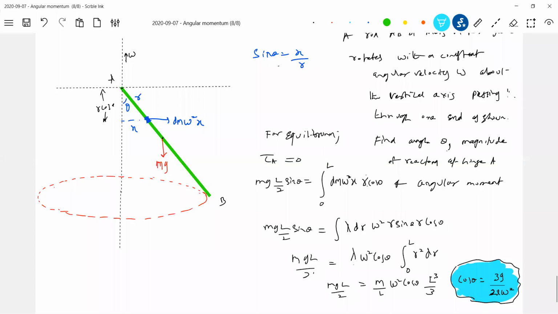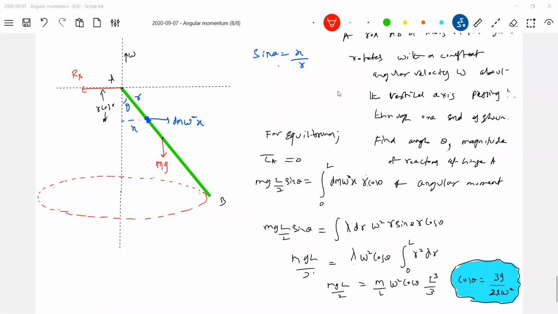Then the magnitude of reaction. Why should that reaction come? Yes, there will be a reaction. What will the centrifugal force try to do? It will try to push the rod towards the right. So there will be a reaction force, call this Rx.